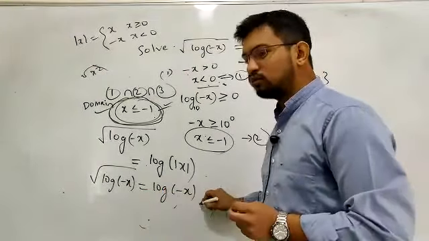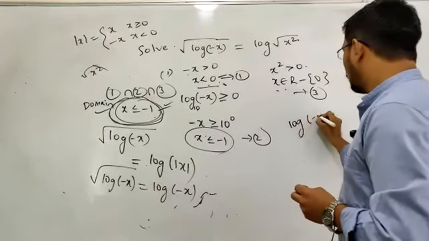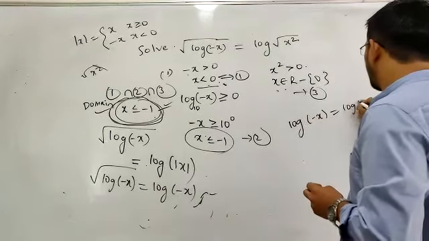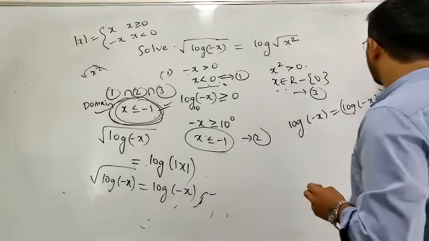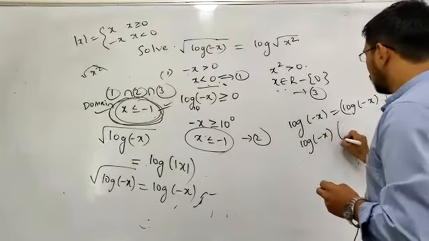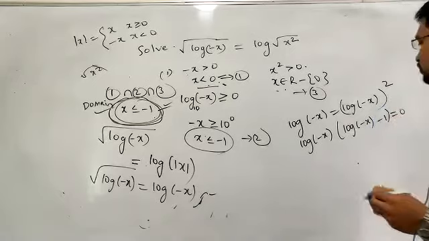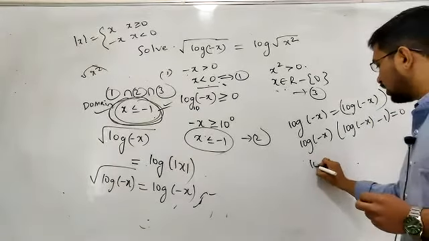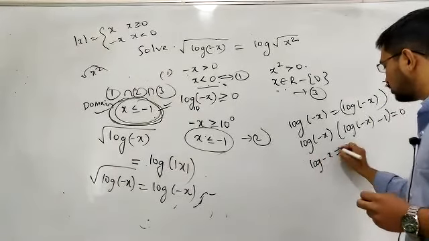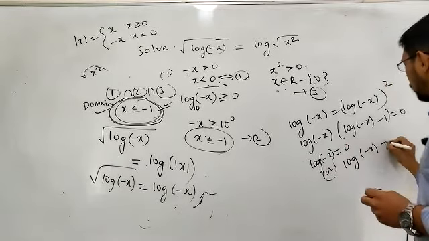Apply squaring on both sides. So from that you will be getting log of -x is equal to (log of -x) whole square. So you'll be getting log of -x into (log of -x minus 1) is equal to 0. So you'll get log of -x is equal to 0, or log of -x is equal to 1.